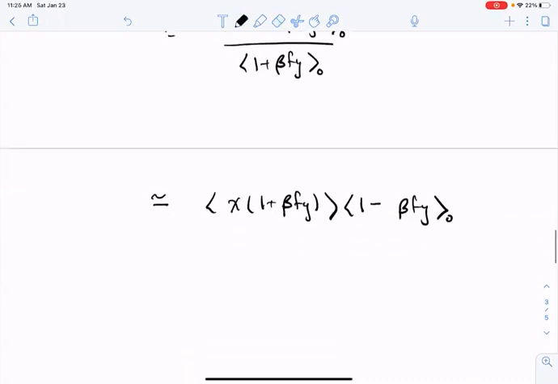So I can then expand that product. The first order term will have an x times the 1. That's just the average of x in the reference ensemble.